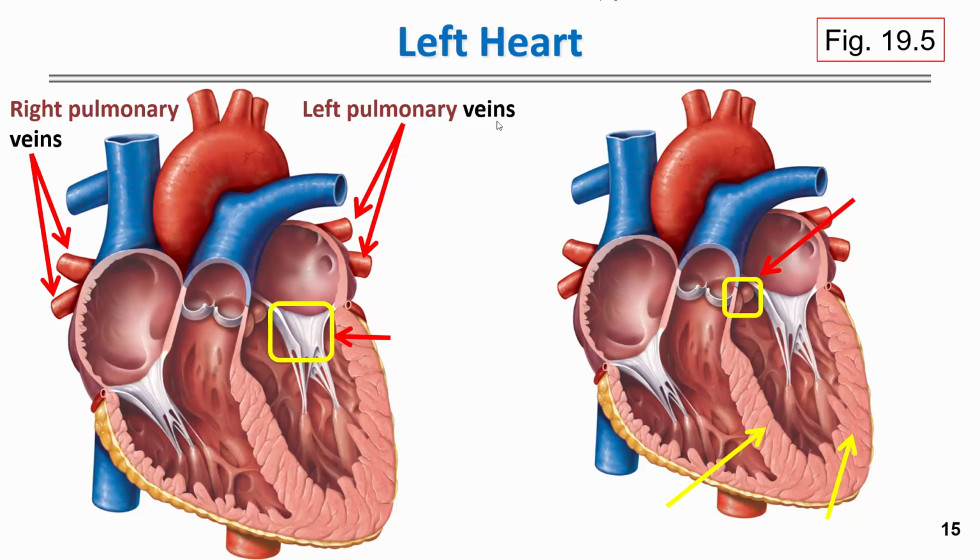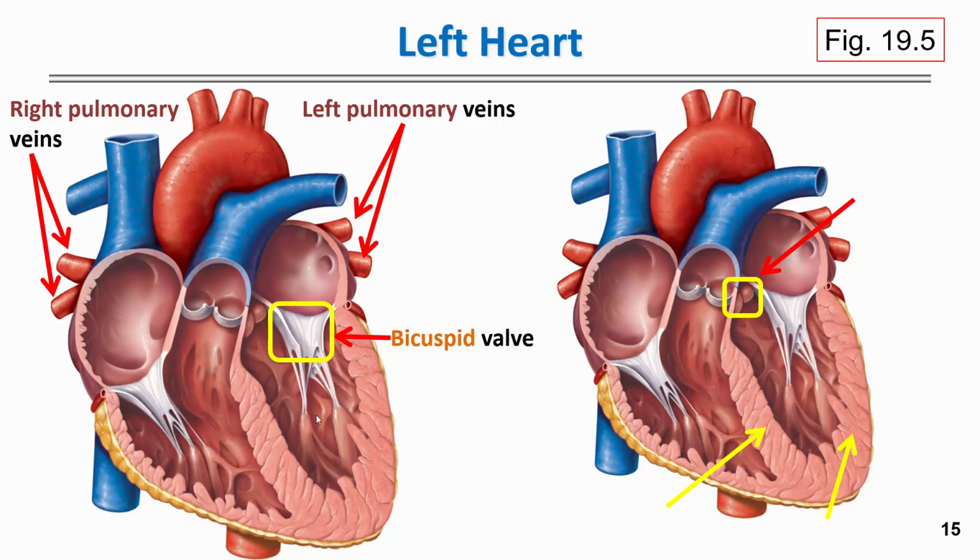So all veins carry deoxygenated blood except for the pulmonary veins. The pulmonary veins are the only veins that transport oxygenated blood, and this is blood coming from the lungs. And so these veins will enter the left side of the heart into the left atrium.